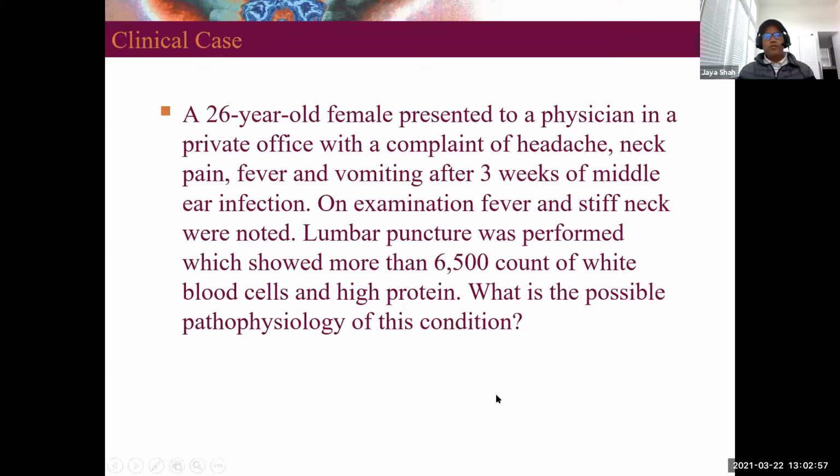Before we start, a clinical case. A 26-year-old female presented to a physician in a private office with a complaint of headache, neck pain, fever, and vomiting after 3 weeks of a middle ear infection. The middle ear is connected to the dura mater of the brain, and that's why infection from the middle ear easily spreads to the meninges, and this is a case of meningitis.